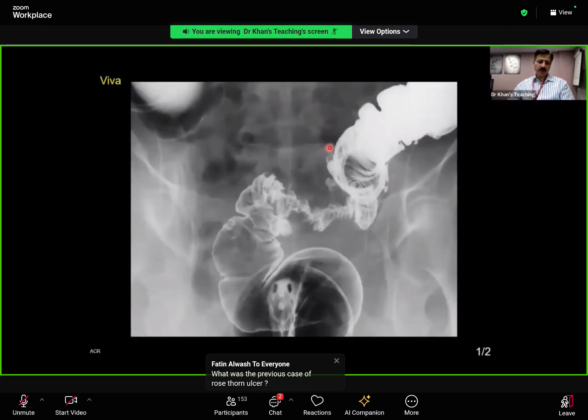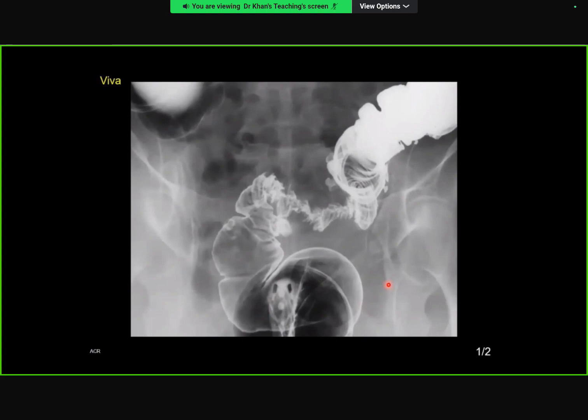Yes, please. What's happening here? So it's a sigmoid colon with quite marked stricture with a bit of ulceration as well. So there's an apple core kind of structure. I cannot see the shoulder though.